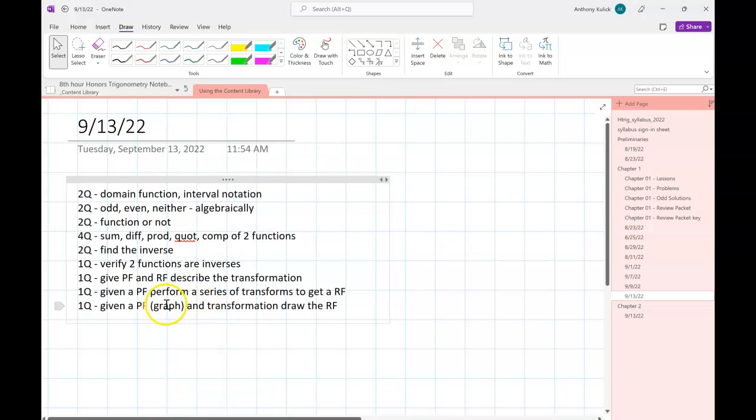And then one question where I give you a parent function as a graph, and then the transformation, and ask you to use that information to draw the resultant function. So I think that was in the last two questions or something in the homework. And I think there was something on the review like that too, right? It's been a long time since I looked at all these things in super depth, but I know that they're in there.